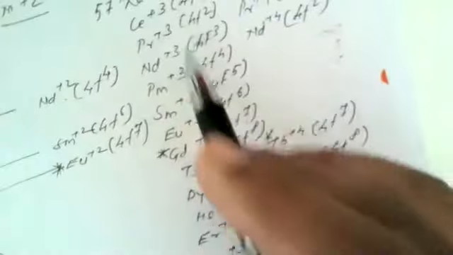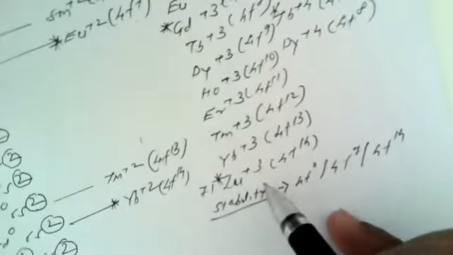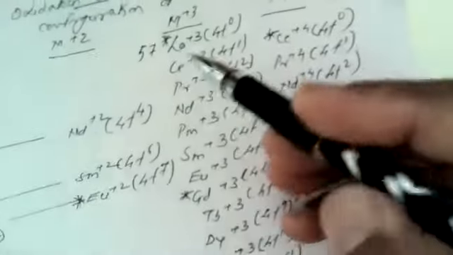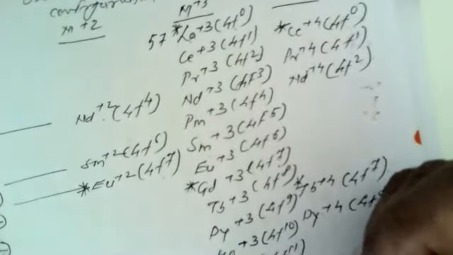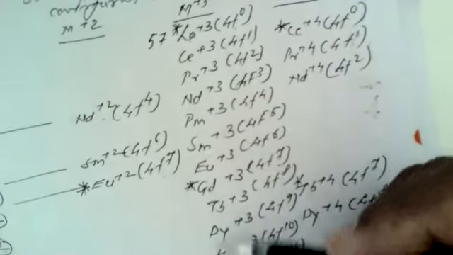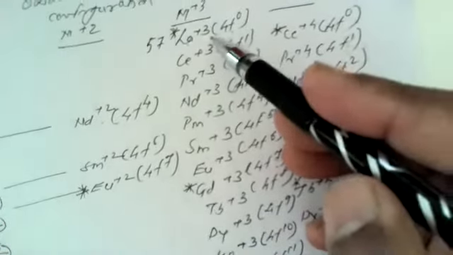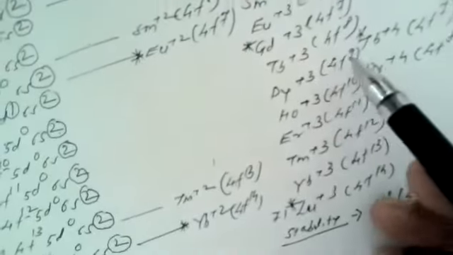So lanthanum, gadolinium and lutetium, these are the three trivalent oxidation states which are extra stable. The rest of the oxidation states of the members are only stable, but the extra stability of these elements is associated with empty, half-filled and completely filled electron subshells.